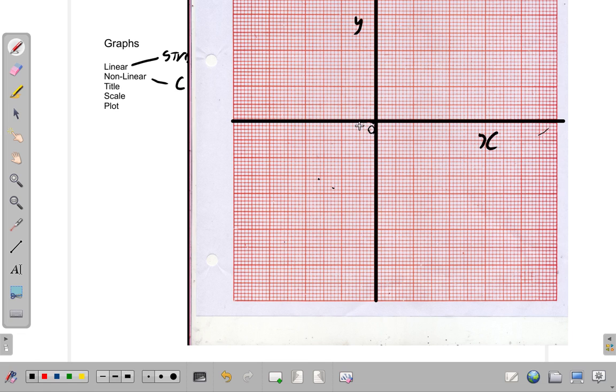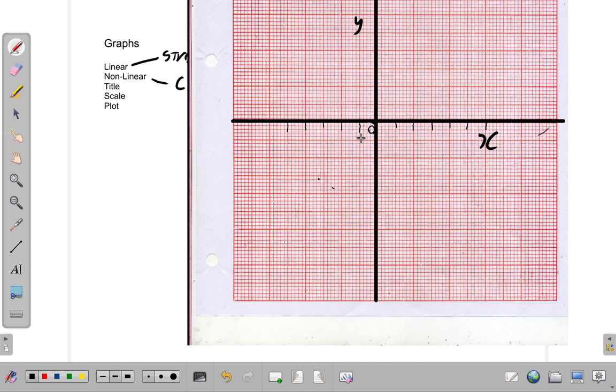Each division with a thick line. If you look at your real graph paper and you take your ruler and place it against it, you will see that they are 1 centimeter apart. Each of these thick lines is 1 centimeter apart. Alright?